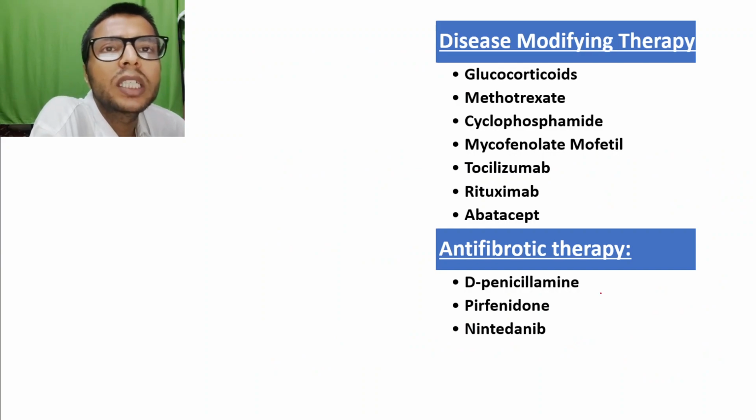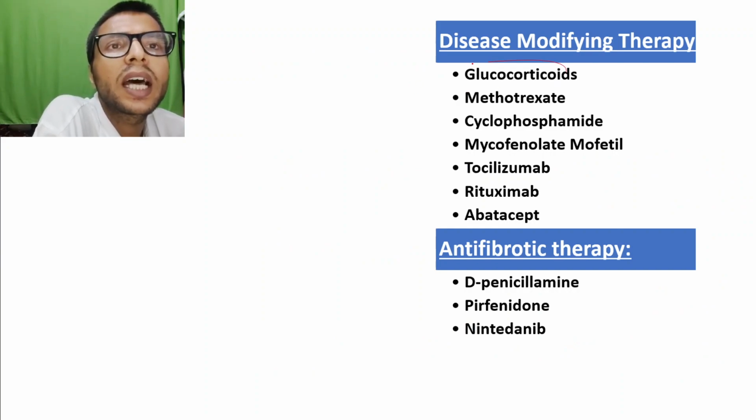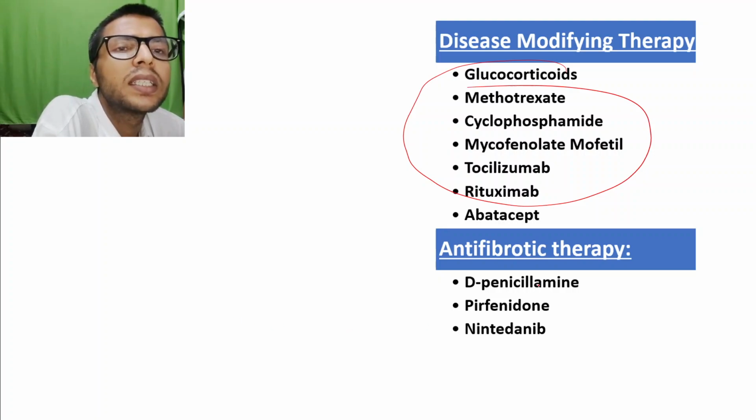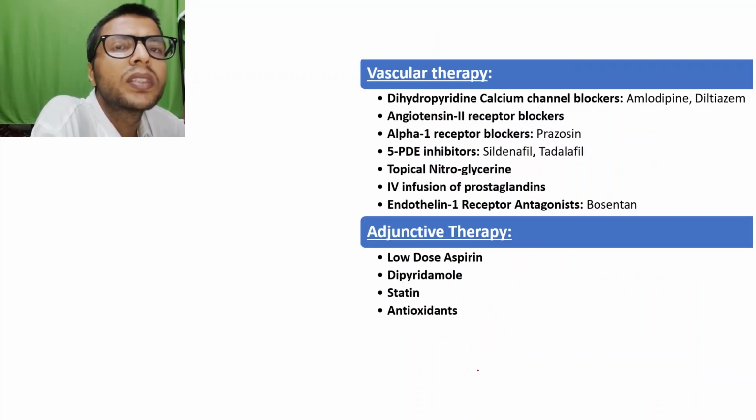So talking about treatment of systemic sclerosis, these are various immunosuppressants that can be used, and these are antifibrotics that can be used for ILD. These are specific treatments like dihydropyridine calcium channel blockers, nifedipine, that can be used in Raynaud phenomenon.